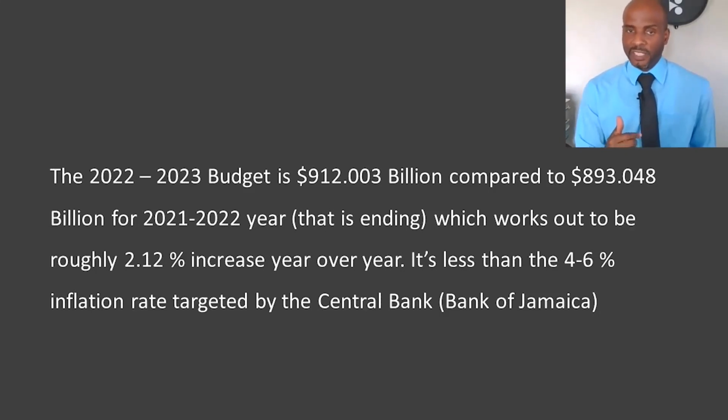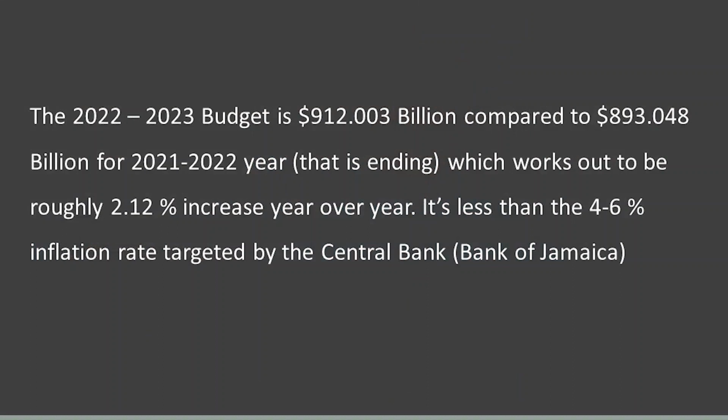So we have a little over a month to go before this financial year ends. Now, how do the two budgets compare? The $912 billion compared to the $893 billion works out to be a 2.12% increase over the 21-22 budget year.